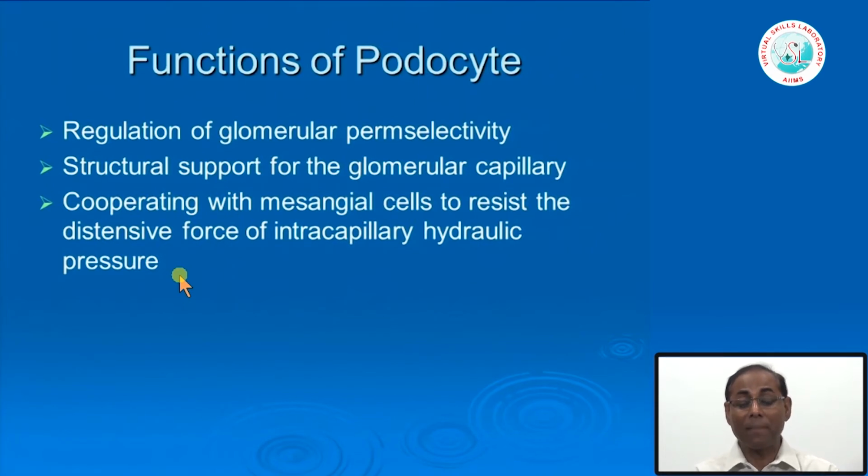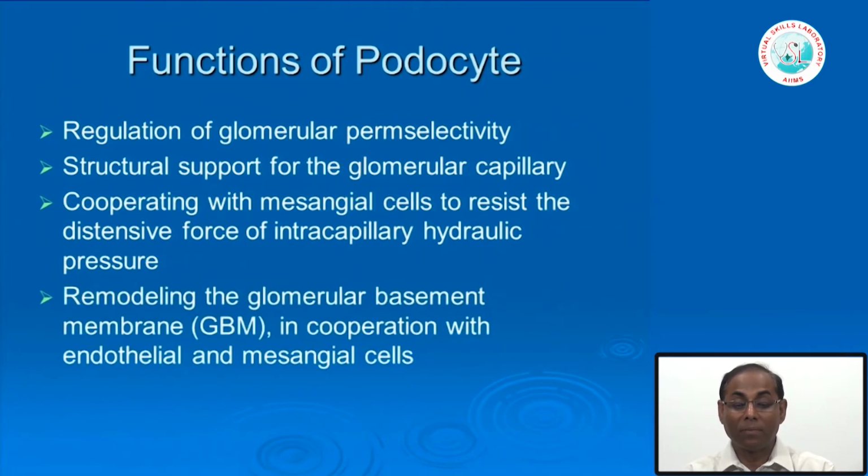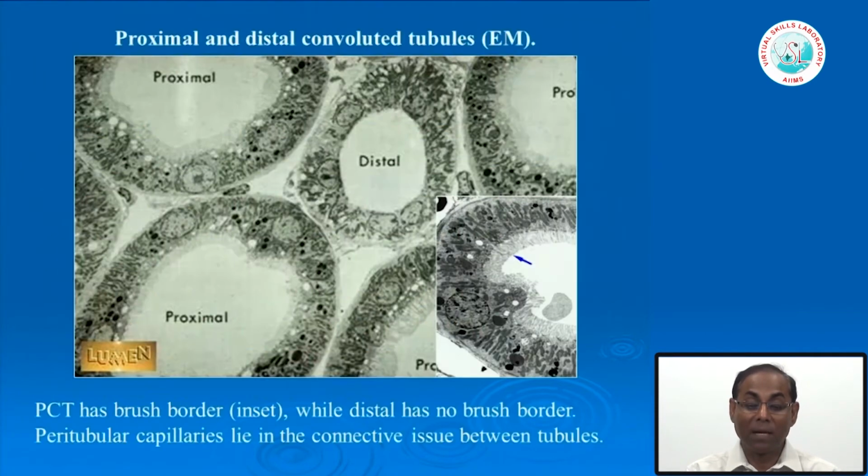But at the same time, nature has created it in such a way that such kind of abnormality and surge can be maintained by the interaction between the mesangial cells and the podocytes. I have already told you that the glomerular basement membrane remodeling is done by the endothelial cells, mesangial cells and the podocytes, and then endocytosis of the filtered protein also can be done by the podocytes. So these are the main functions of podocyte.